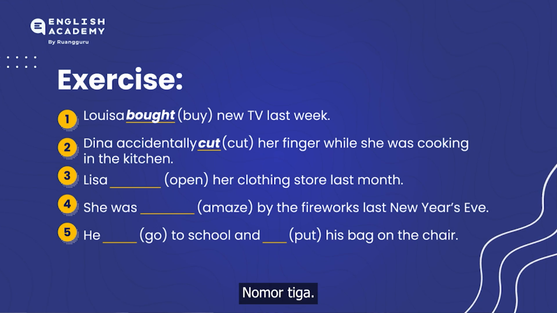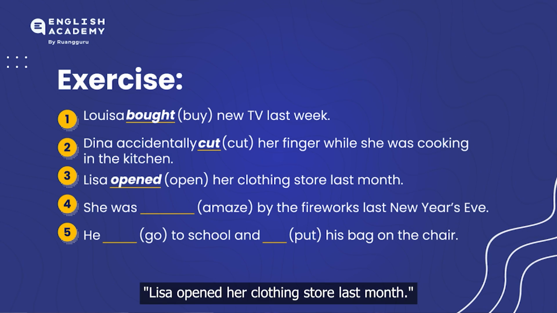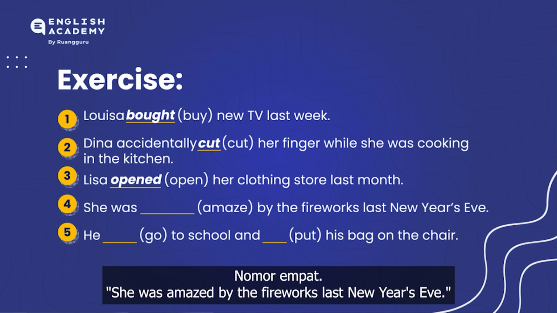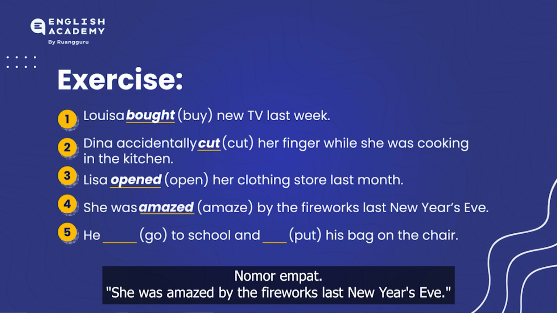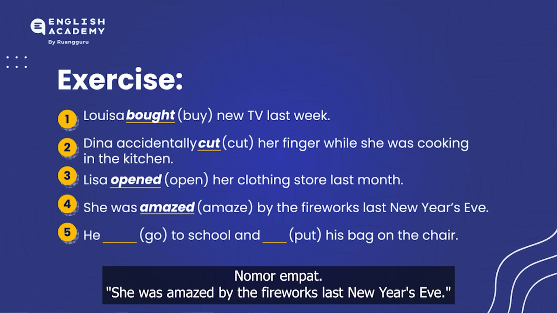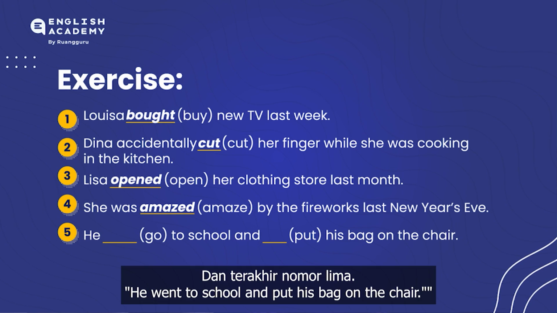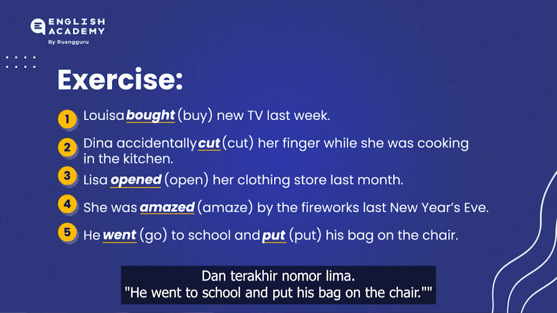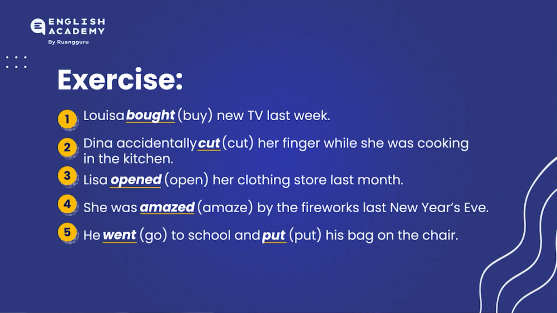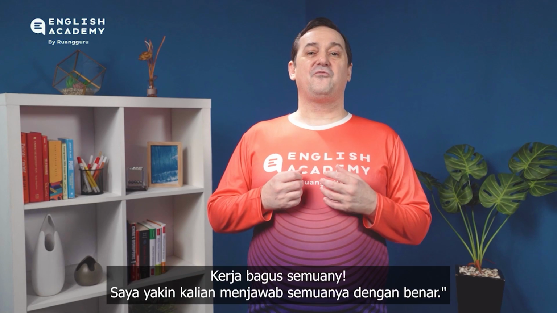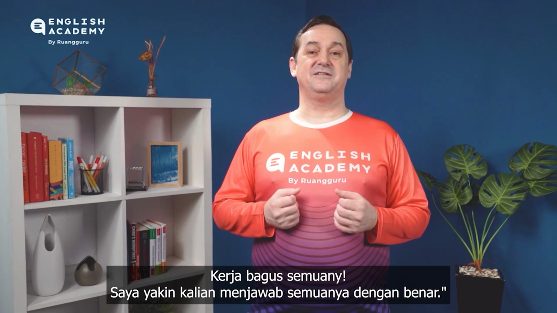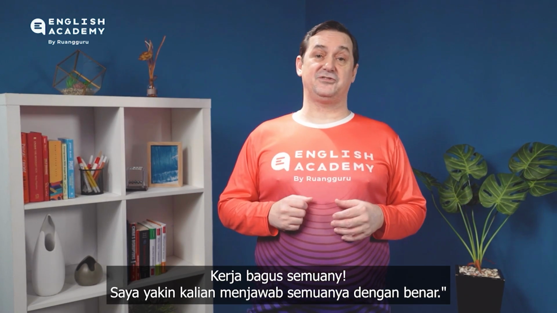Number 3, Lisa opened her clothing store last month. Number 4, she was amazed by the fireworks last New Year's Eve. And finally, number 5, he went to school and put his bag on the chair. Great job, everyone. I believe you got all of the answers correct.